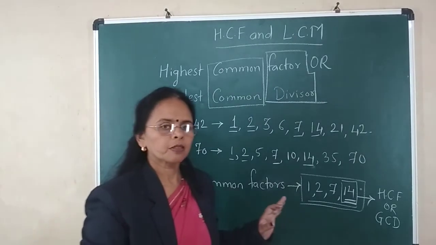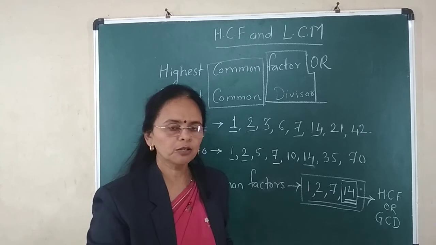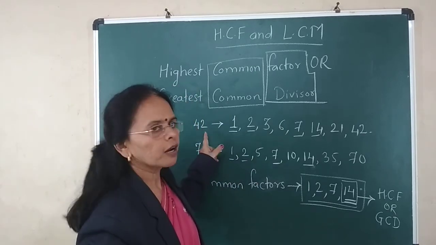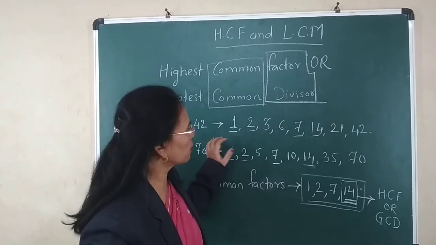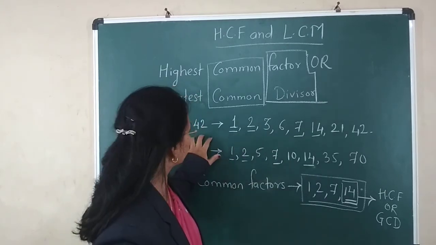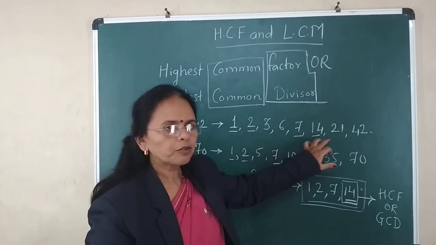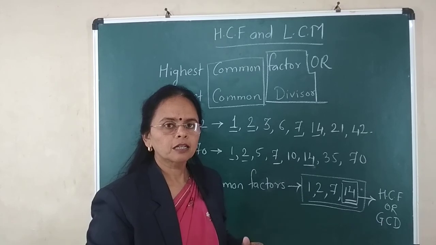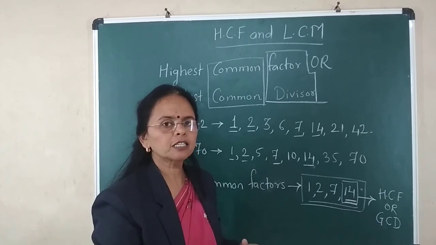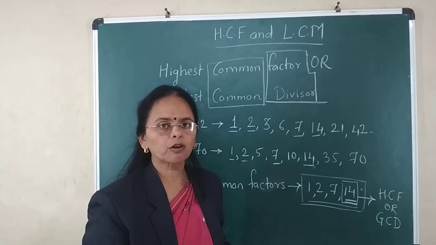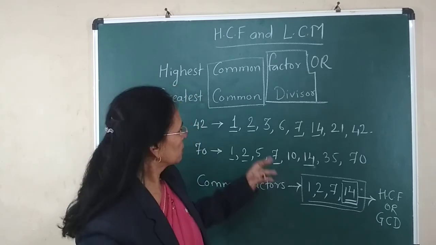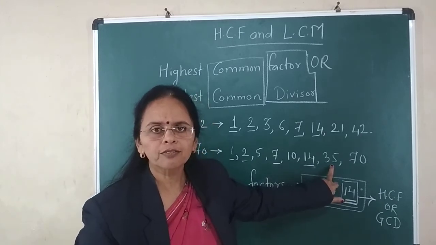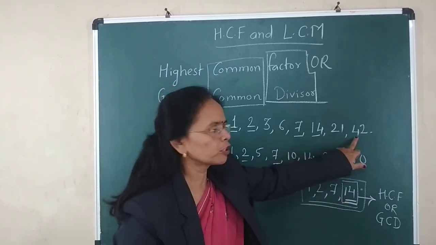Okay. Now, I want to tell you that if I want to tell what are the factors of 14, we have already recited the tables, but after some instant we can't say the tables or we can't remember the tables. That's why here, we don't know the table of 35. We don't know the table of 42.